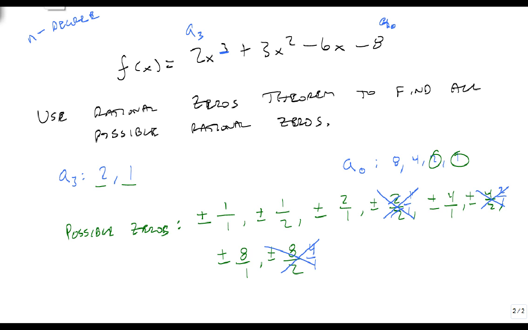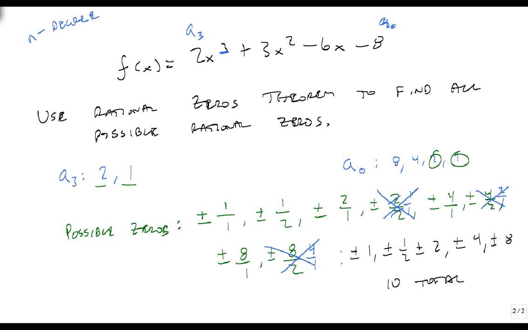And so my possible answers in this case are plus or minus 1, plus or minus 1/2, plus or minus 2, plus or minus 4, and plus or minus 8. There's 1, 2, 3, 4, 5 possible rational zeros of both signs. So there's 10 total numbers that I need to check here. And so those are our rational zeros.